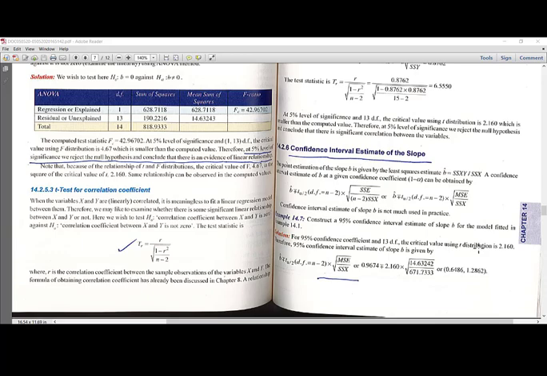The critical value from the t distribution table is 2.160 as shown in the previous example. So the 95% confidence interval estimate of slope b is given by substituting the values: b cap plus or minus the t value 2.160 for the given degrees of freedom, multiplied by the square root of MSE by SSX. So this is the confidence interval estimate of the slope: 0.6486 and 1.2862.